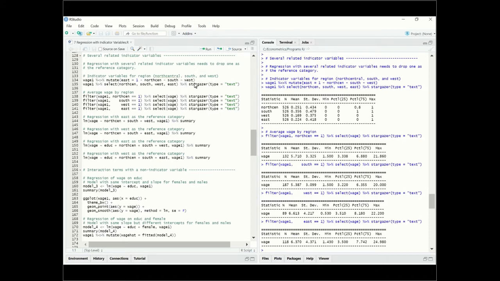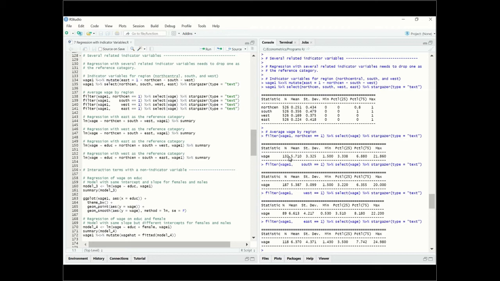From these variables, we can calculate another indicator variable, East, which is equal to 1 minus these. So now all of these regional variables sum up to 1. Let's select all of these regional variables and summarize them with Stargazer. And this is what we're going to see here.